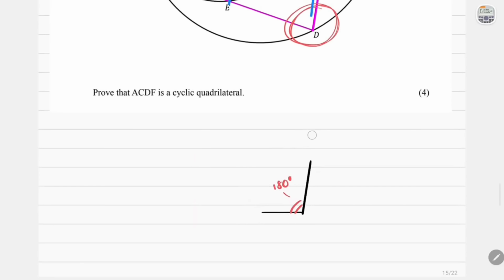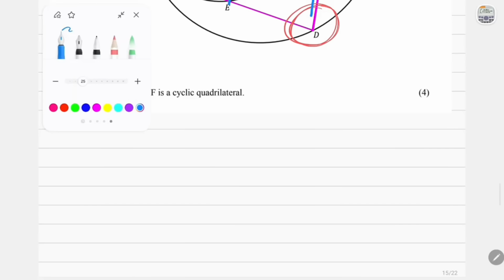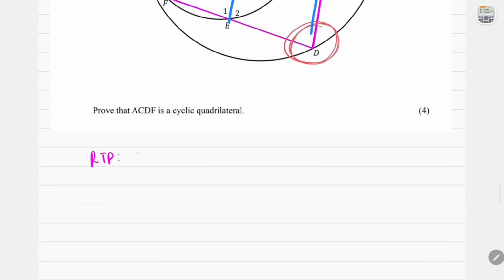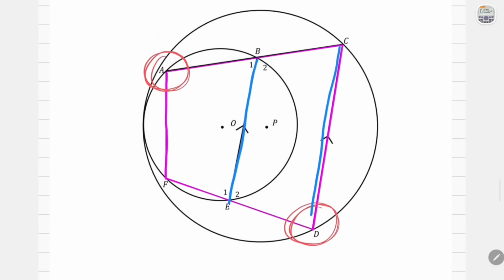So that's what we're required to prove. I'm going to put that down. RTP, required to prove: we're required to show that angle A plus angle D adds up to 180 degrees. And if we can show that, then it means that the shape is a cyclic quad because the opposite angles add up to 180 degrees.